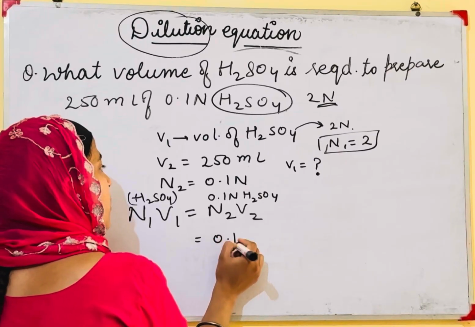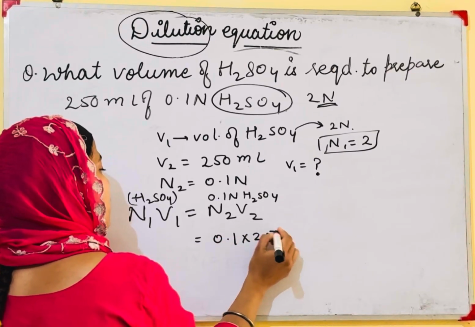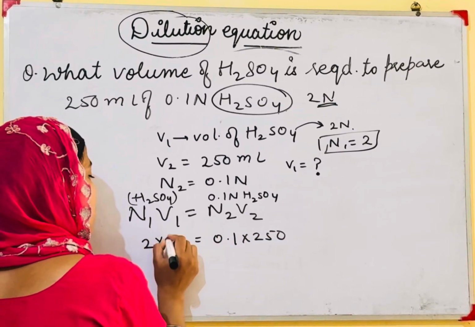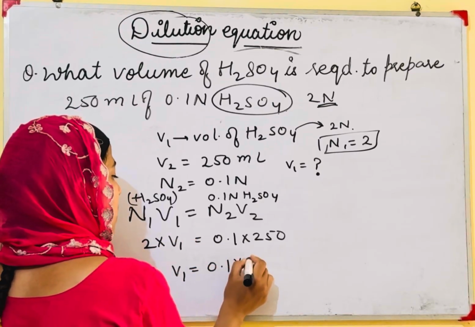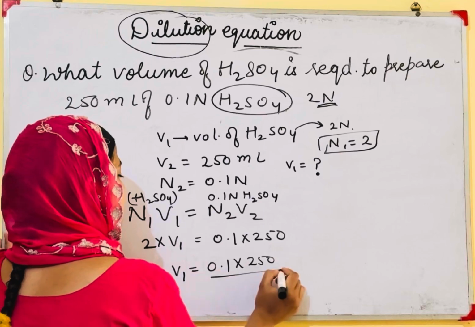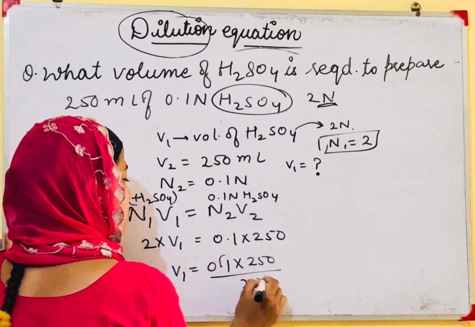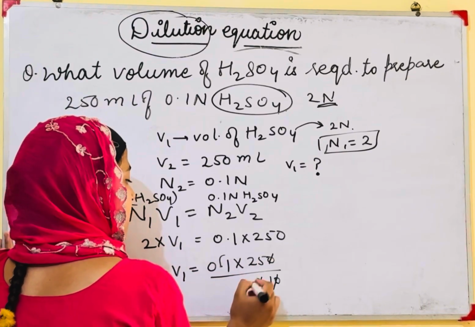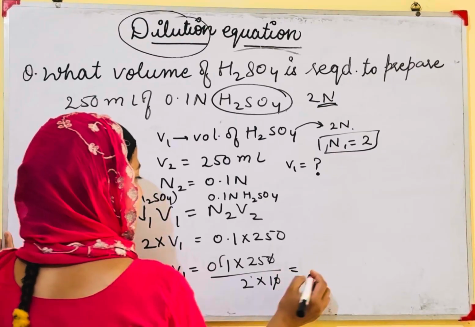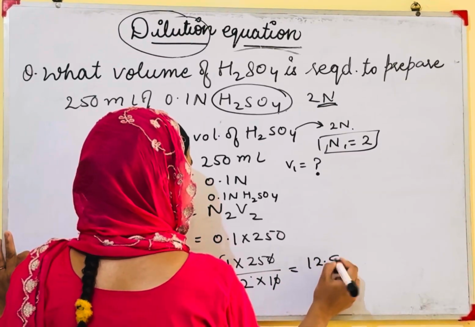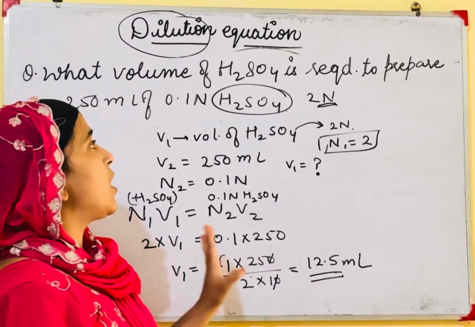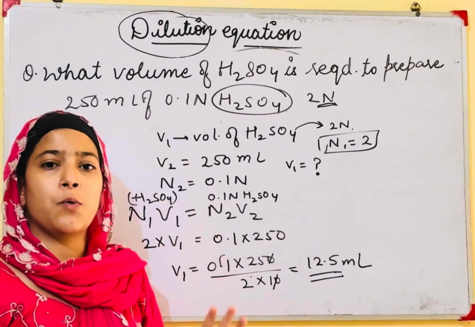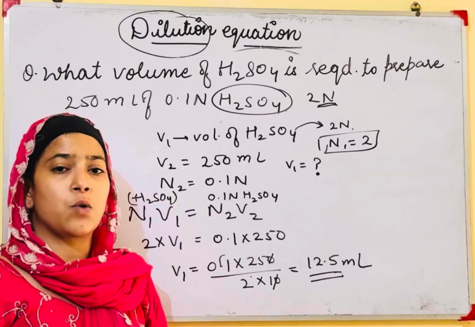So 0.1 multiplied by 250, where N1 is 2 and V1 we have to calculate. So V1 is 0.1 multiplied by 250 divided by 2. The decimal point can be removed. This will become 12.5 ml. So in this way you can use this equation. This equation is called the dilution equation.